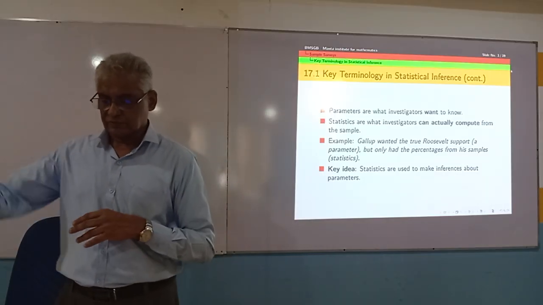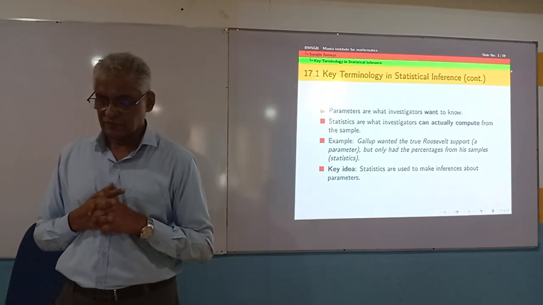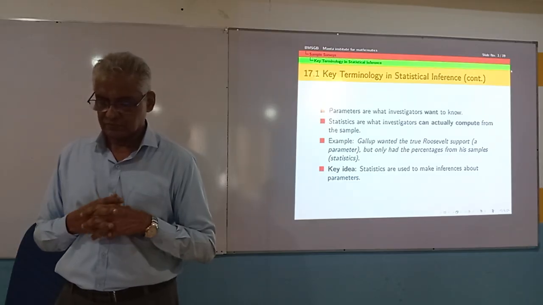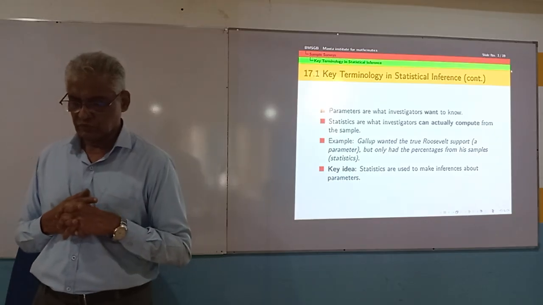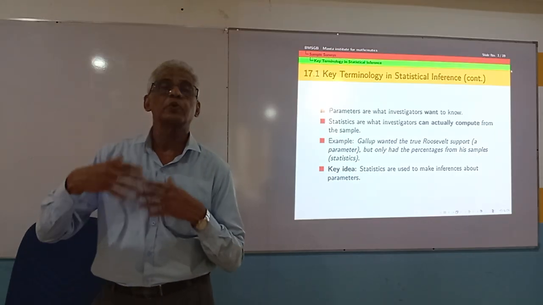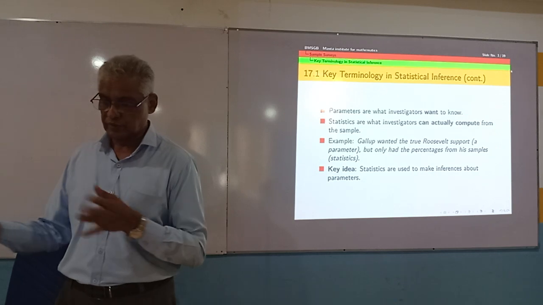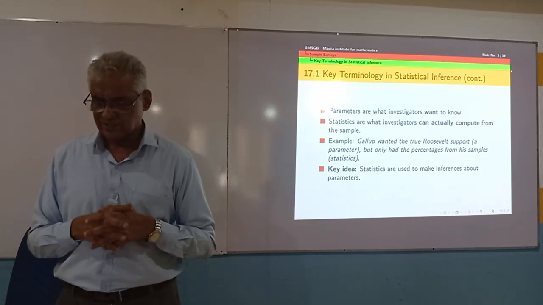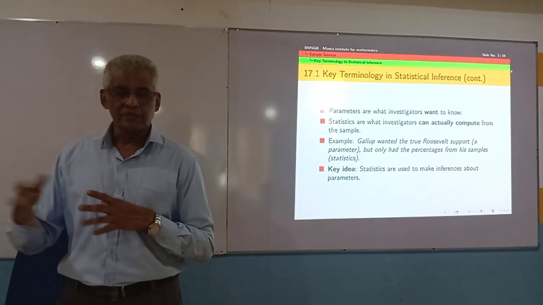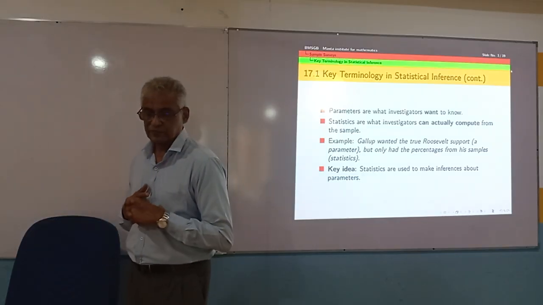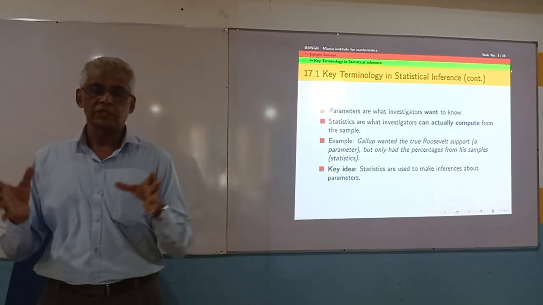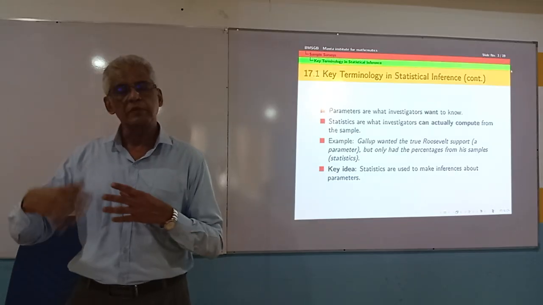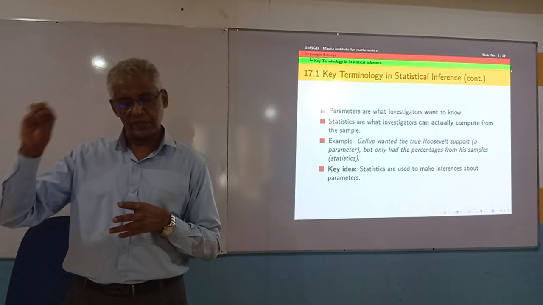For example, a famous survey. A certain company wanted to find out the true proportion of people who would be voting for Roosevelt versus, I think, Landon or somebody in a certain election in America. In that case, they are interested in the population proportion of people who will be voting. So that is the parameter.